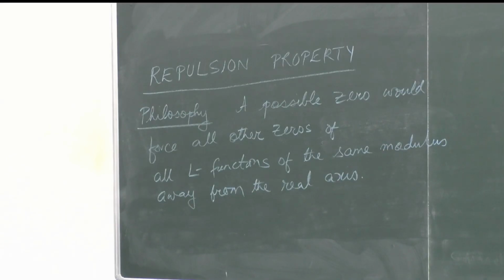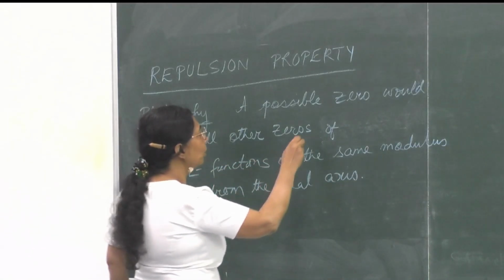You have your real axis, and you want to see how close you can get with your zeros. If you can bound these, then sometimes you can get a contradiction, that I have violated some theorem, and therefore this cannot be true. So all other zeros can be real or complex.